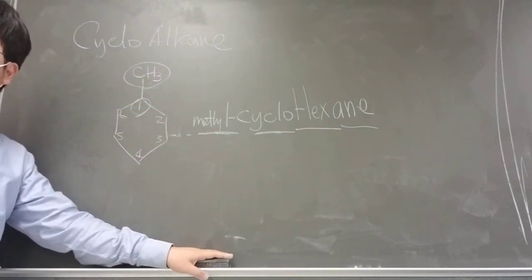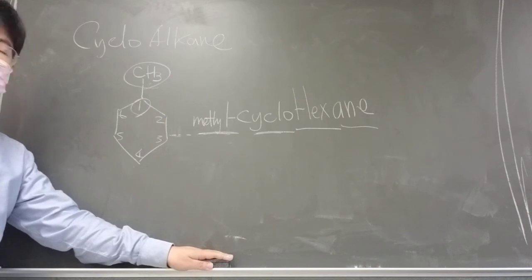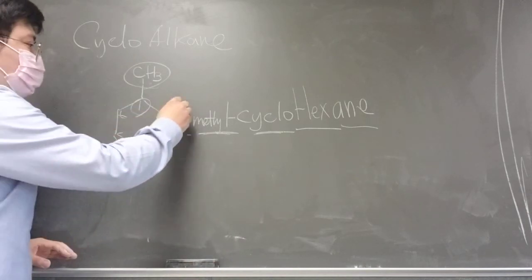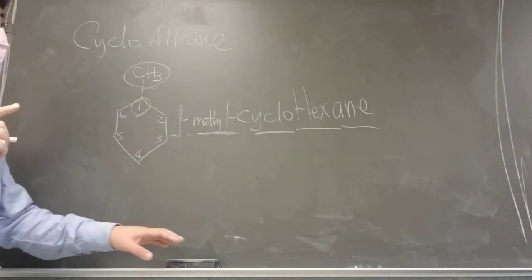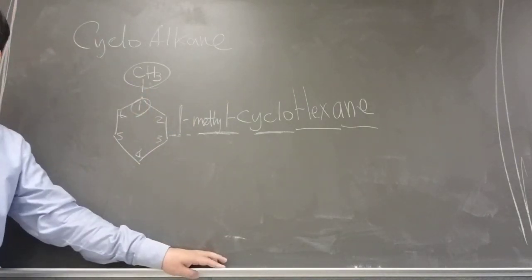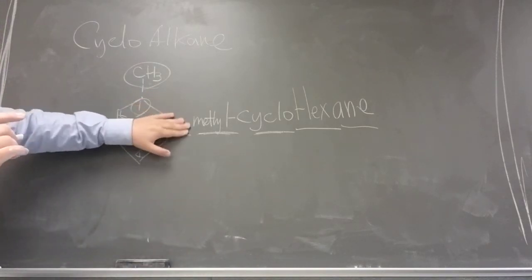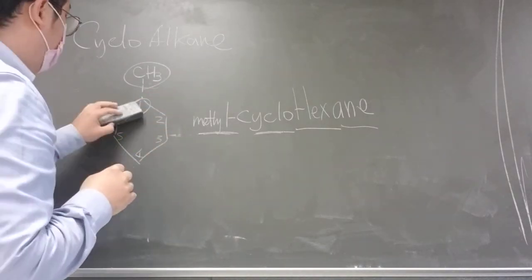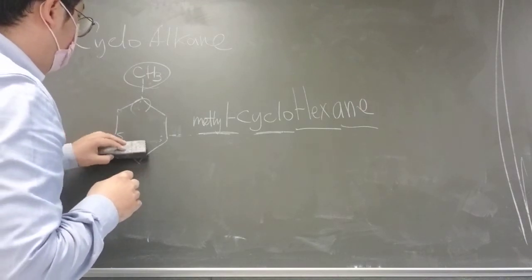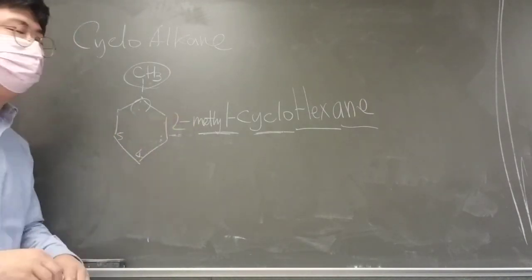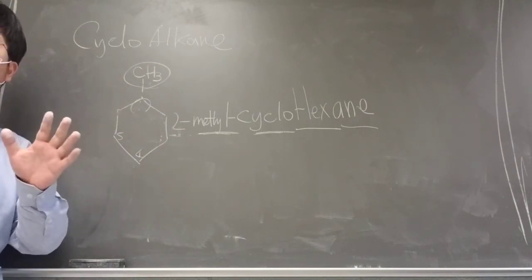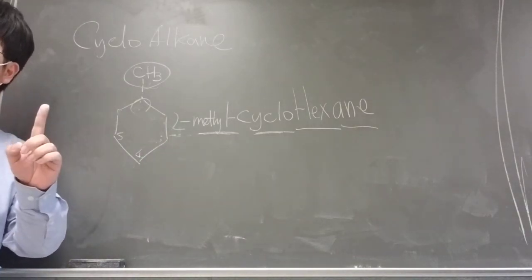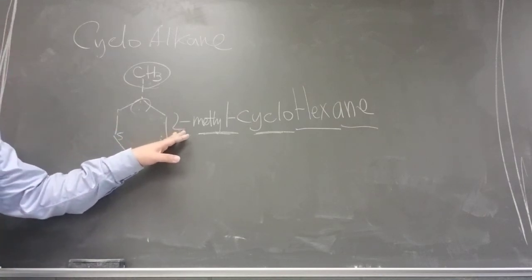Can you guys guess why? If there's only one substituting group, you don't actually have to put the locant there, because it doesn't matter. There will be no 2-methylcyclohexane anyway. Like I said, you need to put the lowest possible number for the substituting group, right? But why would you put 2 here?